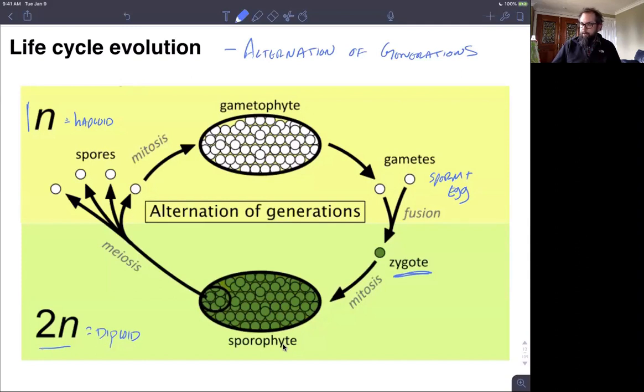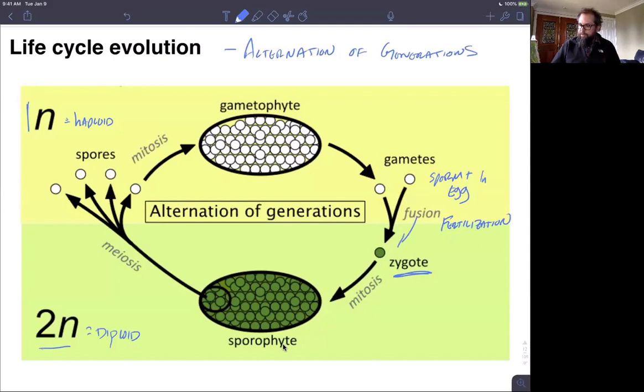So sperm and egg are both part of the haploid generation. So these are both haploid. They have one set of chromosomes. And when those fuse, this is actually the process that we call fertilization. And fertilization is a transition from a haploid stage of the life cycle in plants to the diploid stage of the life cycle in plants.